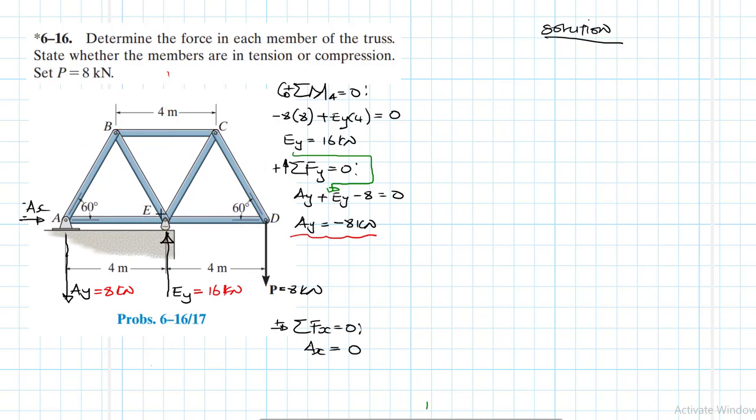So what I'm saying is the member force AB will be equal to the member force DC. The member force BE will be equal to the member force CE. And the member force AE will be equal to the member force DE.